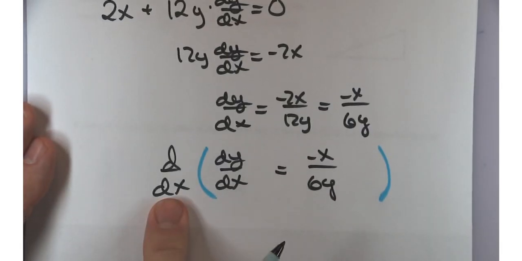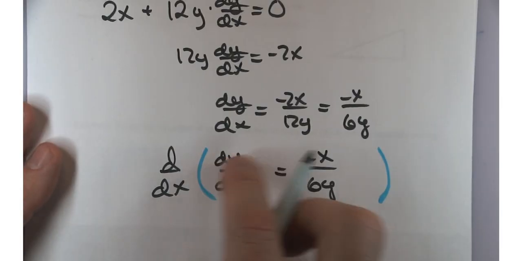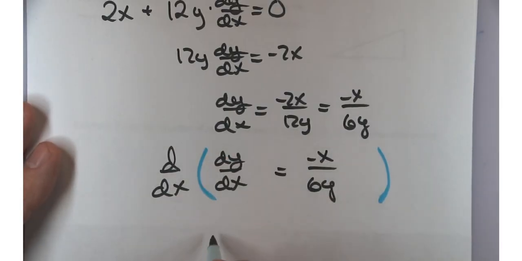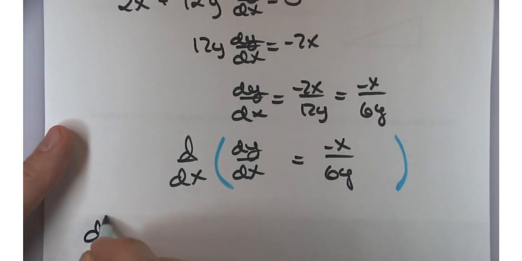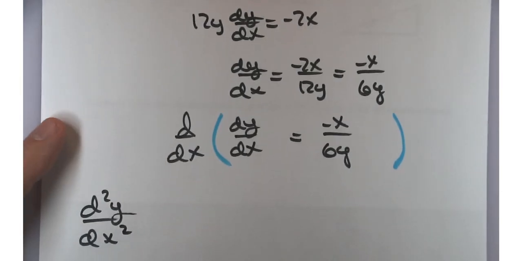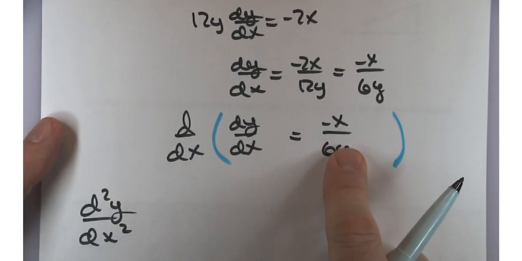Taking the derivative again, we're going to get d squared y over dx squared. And now I've got to differentiate this part here.